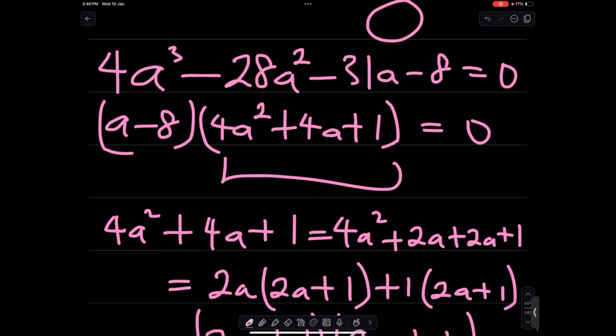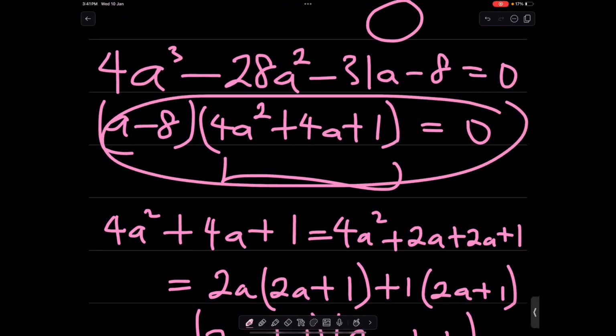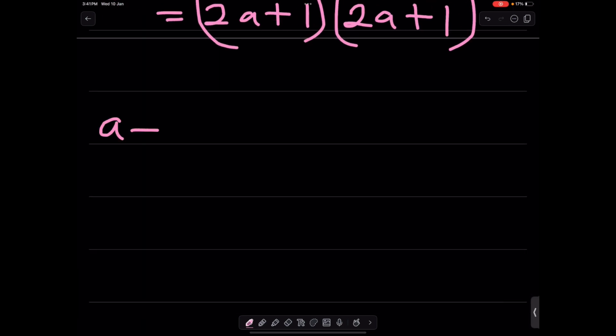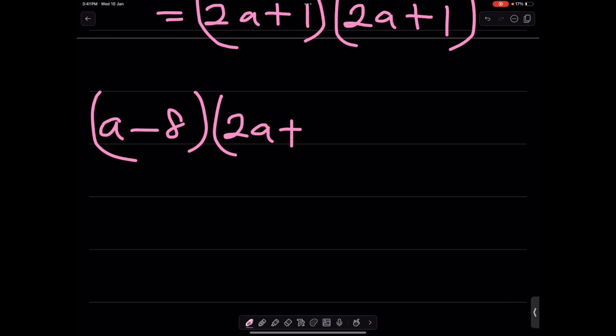Now if we come back here, then we have a minus 8 times 2a plus 1 times 2a plus 1 equals 0.